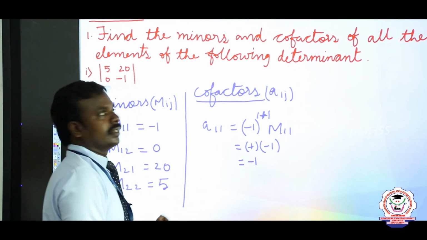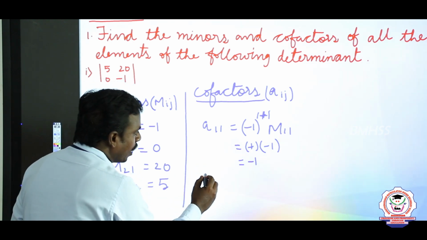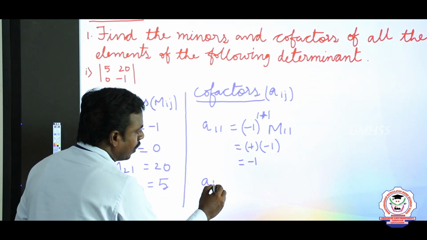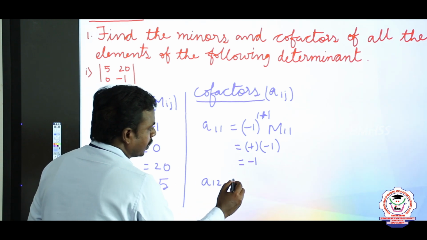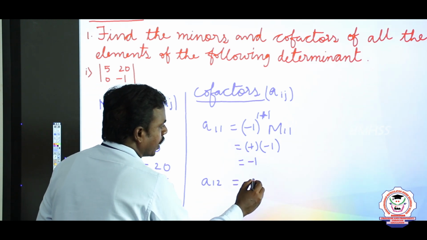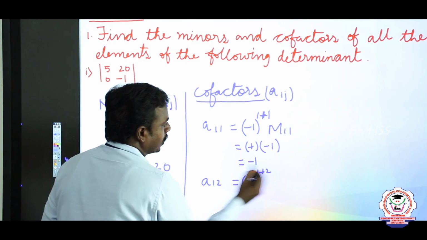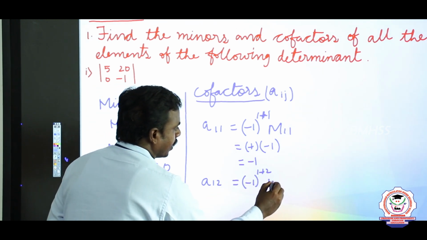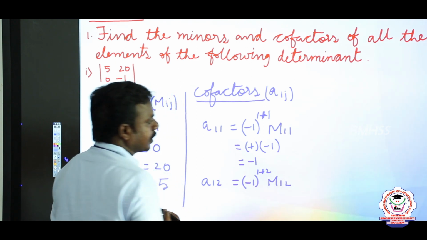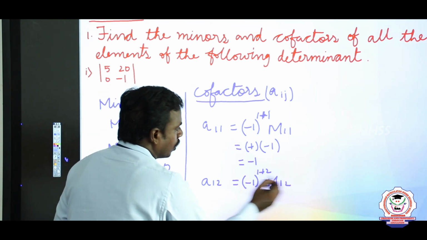The second cofactor value is A12. From this I am going to find minus 1 whole power 1 plus 2, into M12. This is M12.